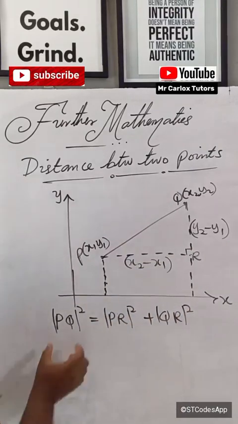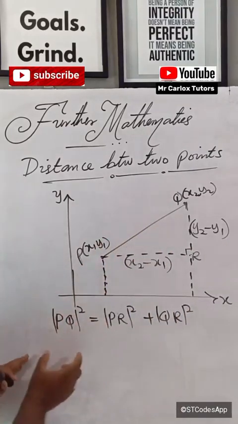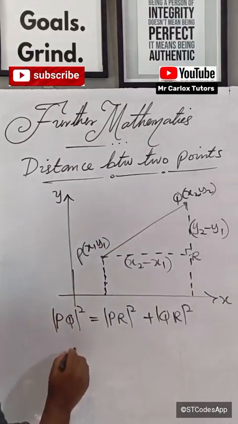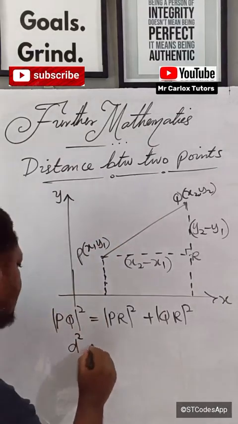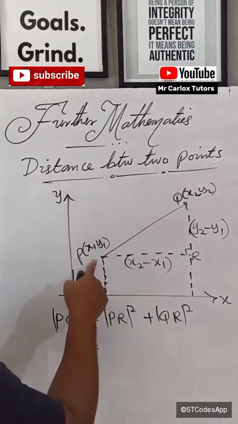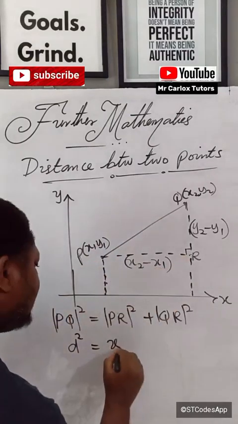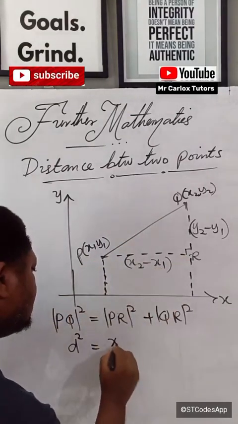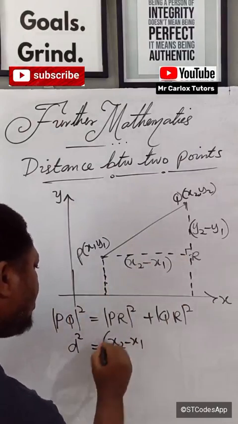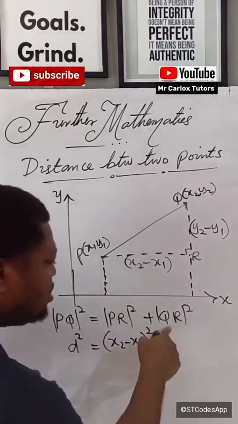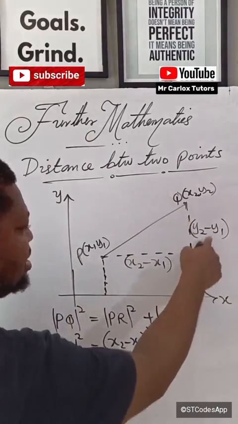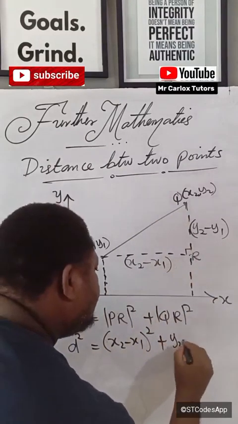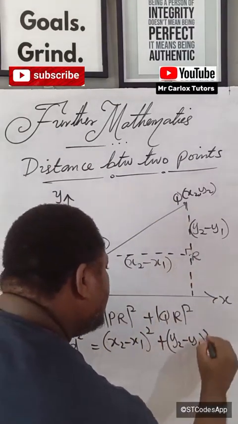So the distance between P and Q, let's call it D. D squared is now equal to PR, from here to here, which is x2 minus x1 all squared, plus from here to here, which is y2 minus y1 all squared.